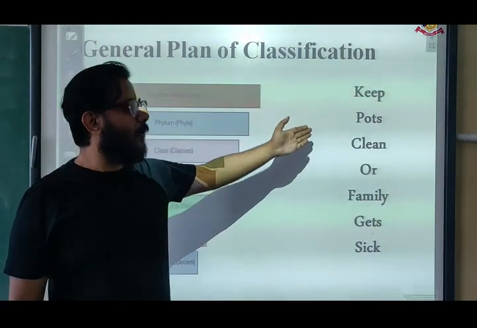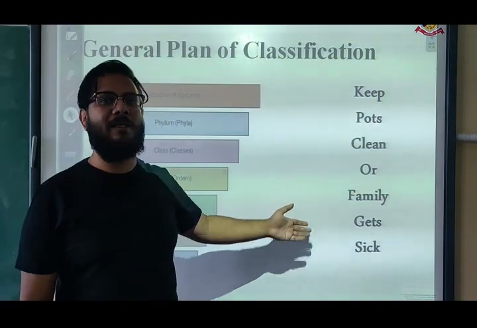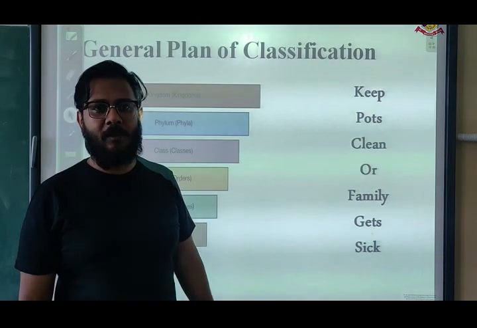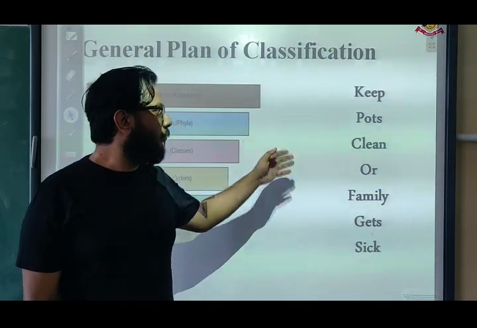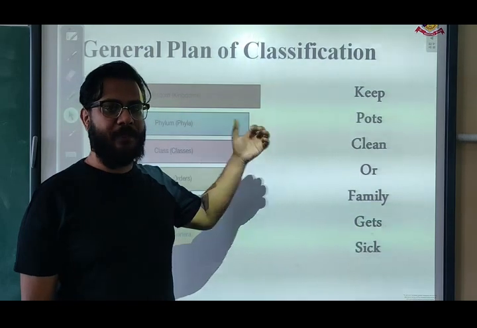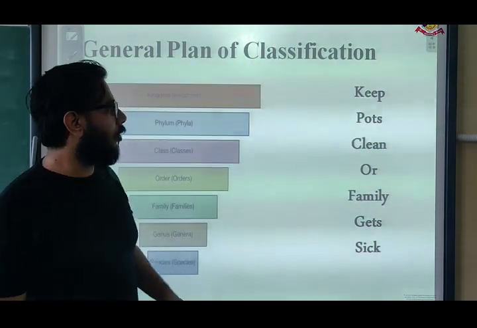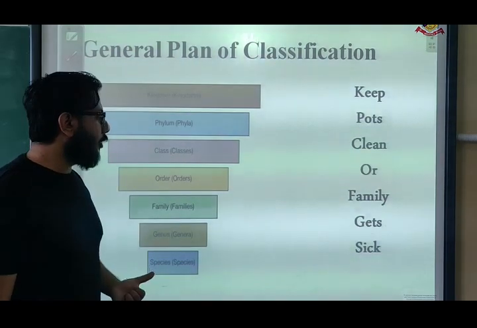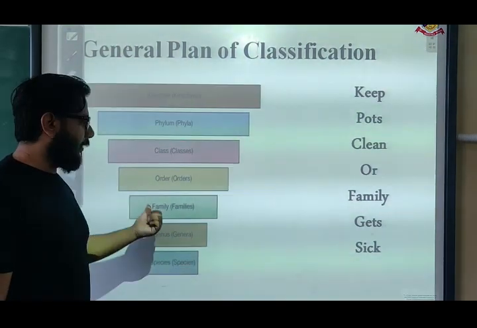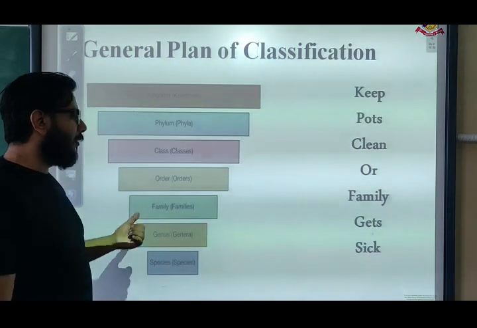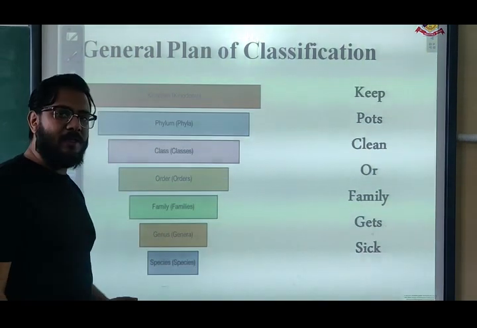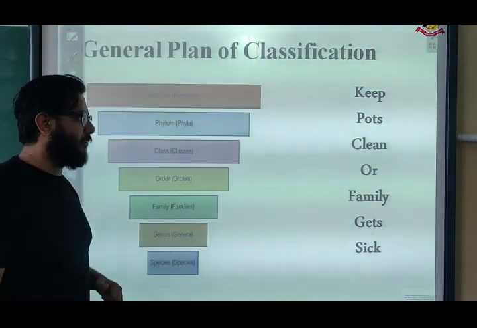You can use keep pots clean or family gets sick. Okay, again, keep for kingdom, pots for P, phylum, clean for C, class, or for order, family, again matches, gets for genus, sick for S for species.